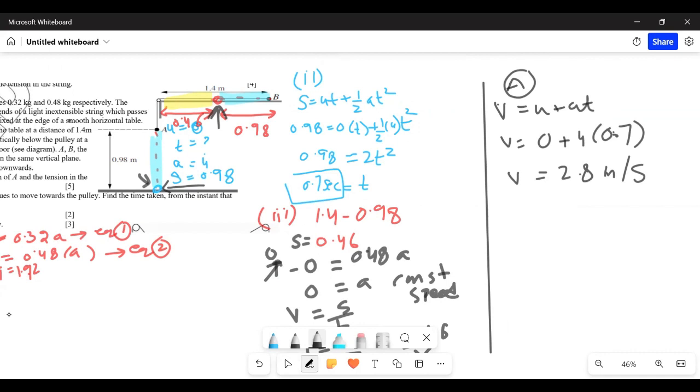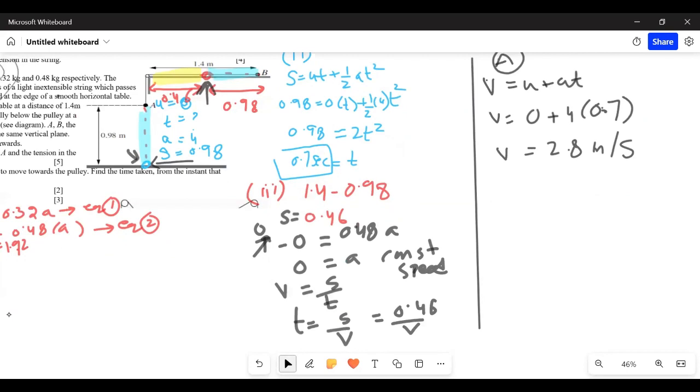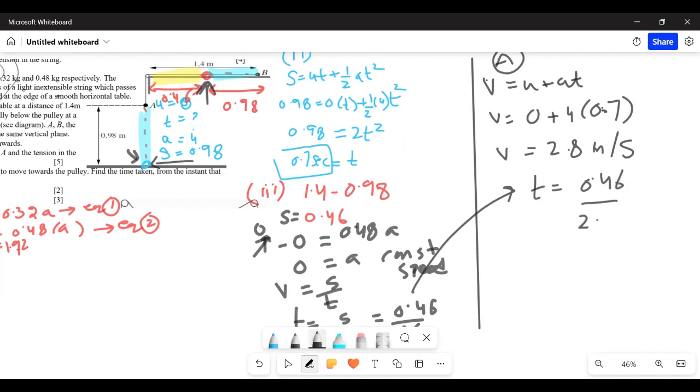That's going to be the speed for the yellow part of the journey and it stays constant. So then we find the time. Time is equal to 0.46 over 2.8, which gives 0.15 seconds.